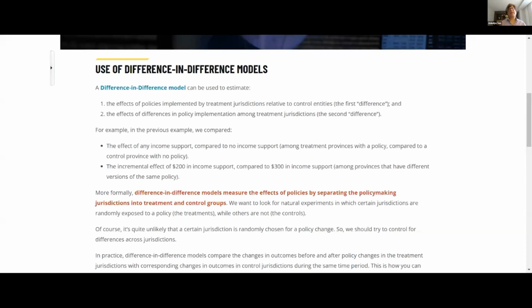The people who have the actual drug are called the treatment cohort, and the people who do not have the actual drug are called the control. So in the clinical sciences, you can set up experiments where you're clearly demarcating between your treatment and control.